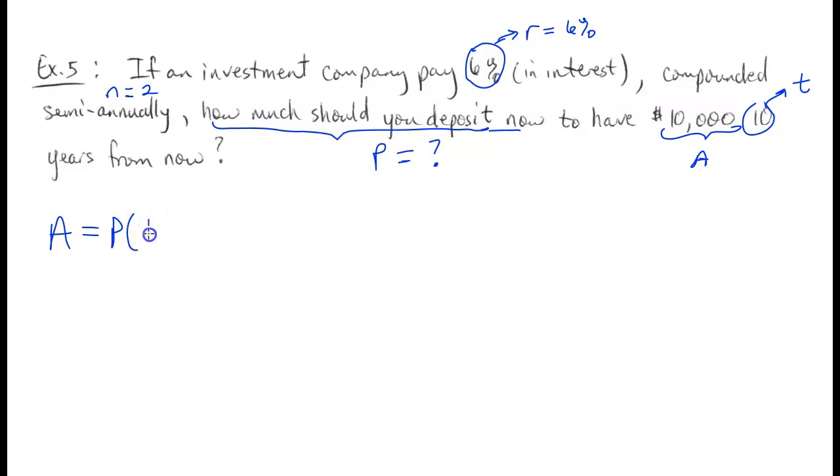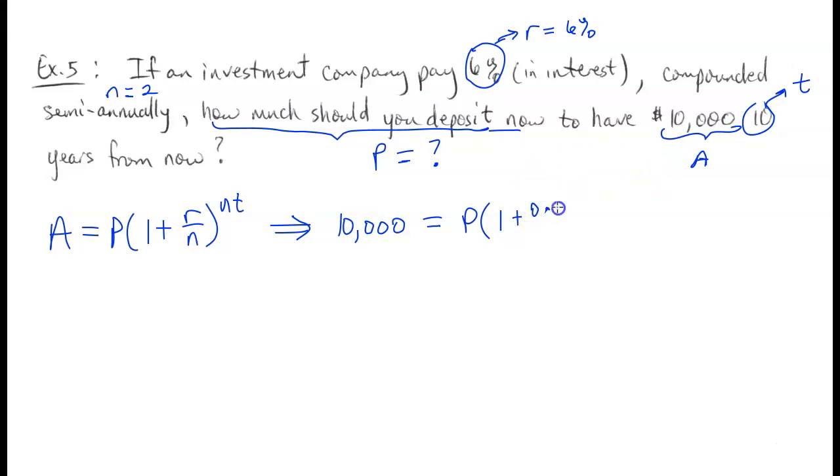So now if we write out this formula here, this implies that A is 10,000, and that equals P, which is what we don't know, times 1 plus R, which is going to be the 6%.